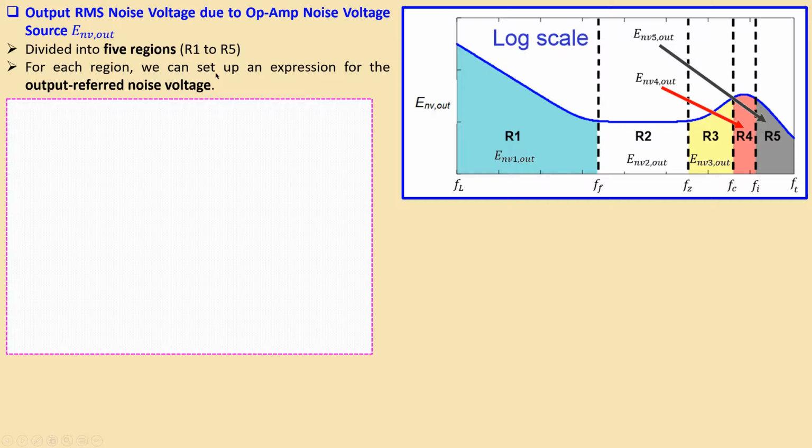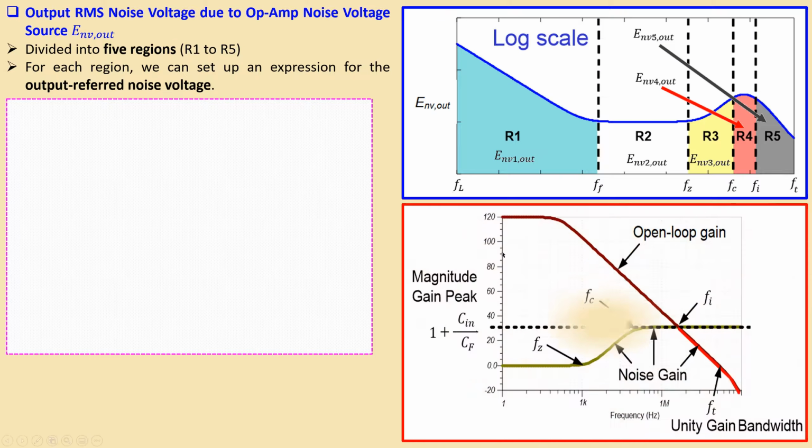Now, for each region, we can set up an expression for the output referred noise voltage. That will be done step by step, and you can combine the separate effects to get the total output noise. So, this is again our plot. You can see the different frequency parts, the noise gain and open loop gain, and also the part which gives you the gain at a constant value for the noise gain.